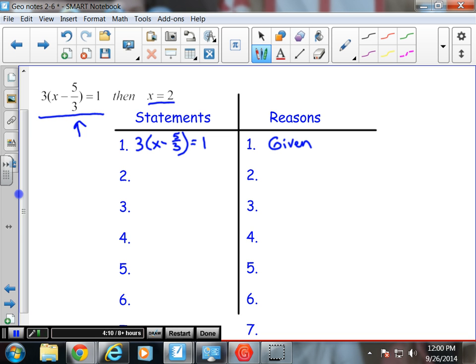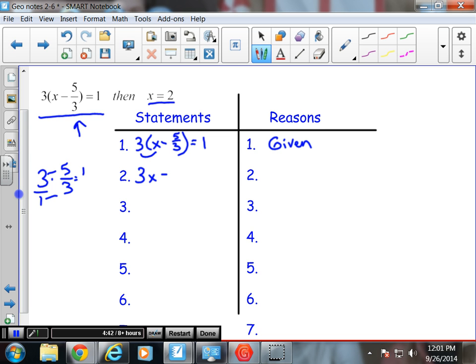All right, so our next step. Hopefully you know that in order to solve this equation, we can distribute the 3 to the x and to the 5/3. We take 3 times x, we get 3x. Minus, I take 3 times 5 is 15, divided by 3. So in order to multiply these together, it's 3 times 5/3, which is the same as 3 over 1, times 5 over 3.